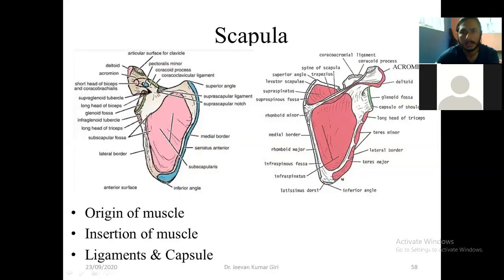Now we are reading the muscles along the medial border. In the medial border, you will see the muscles on the dorsal aspect and the ventral aspect both, on the costal surface and on the dorsal surface. Now see here, that is the medial border.